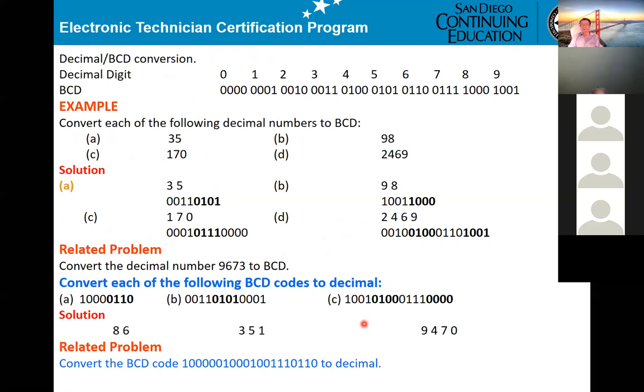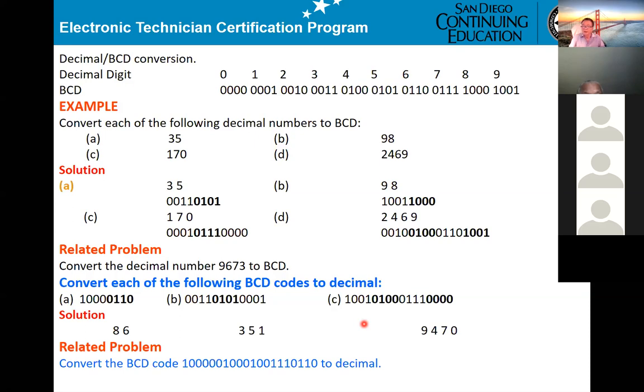So if you want to convert decimal into BCD, each digit in a decimal number is converted to BCD using 4 bits each.